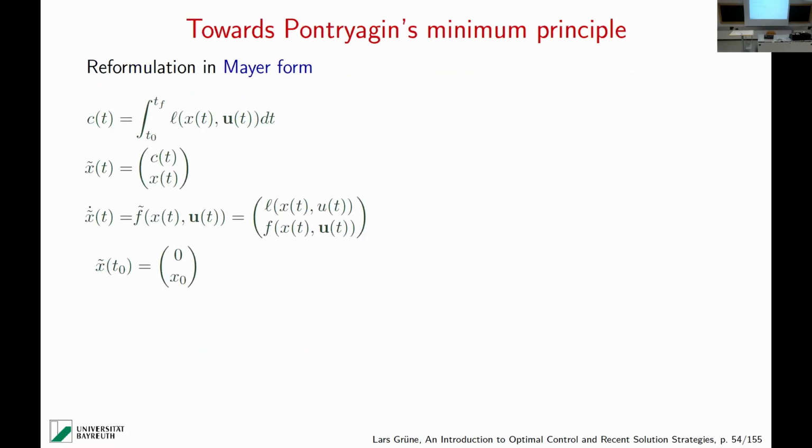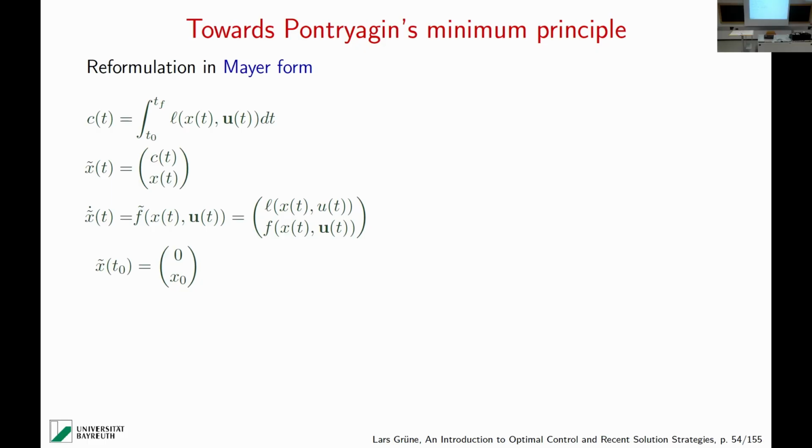The idea is that we first reformulate everything in this so-called Meyer form. I explained already yesterday how we do this. We define a new state C, which we define to be the integral over L. So this is now effectively the term that we want to minimize. We add this state C as an additional state to the state vector, and get a new state vector x tilde.